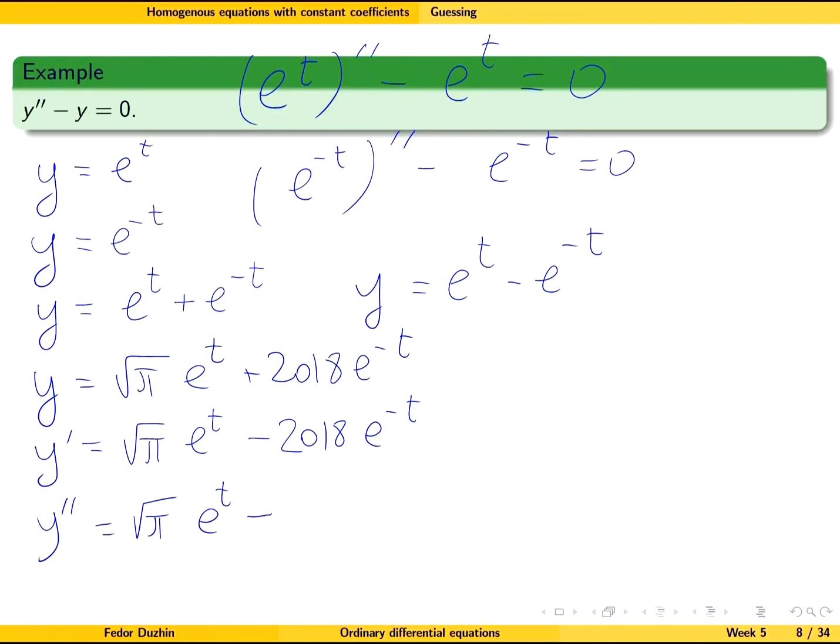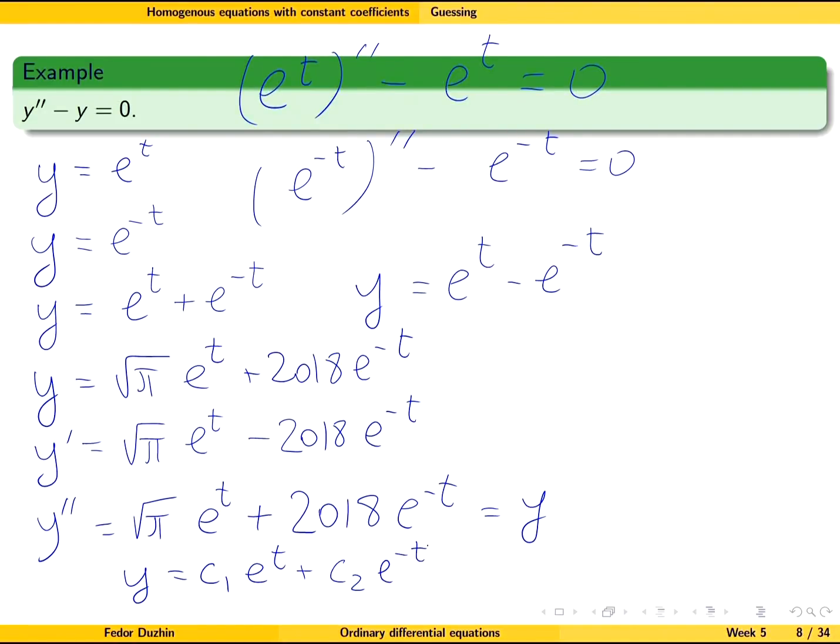Minus and minus will give us plus, and this is the same as the original y. So generally speaking, any combination of e to the t and e to the minus t is going to be a solution. So c1 e to the t plus c2 e to the minus t.